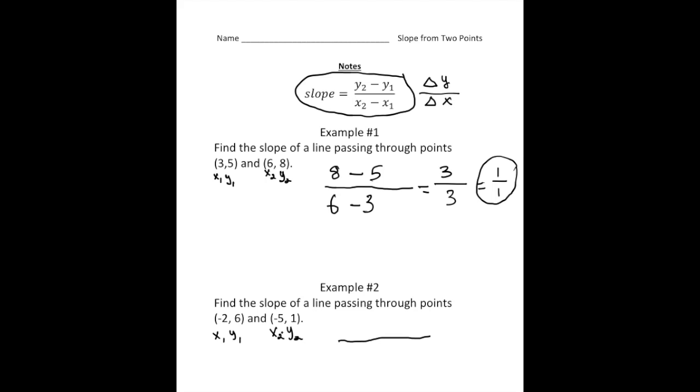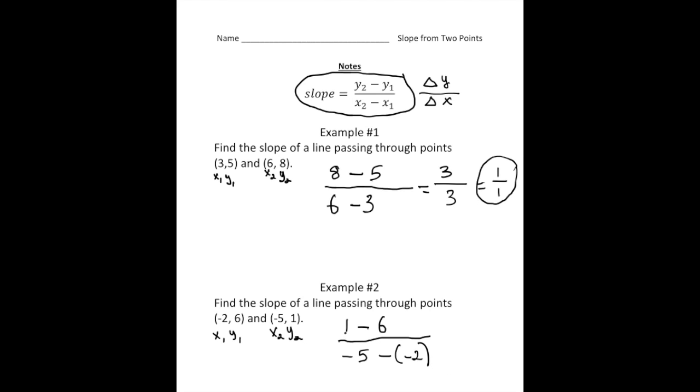So let's plug in what we know. y2 is going to be 1 minus y1, which is 6, over x2, which is -5, minus x1, which is -2. I'm going to put that in parentheses.